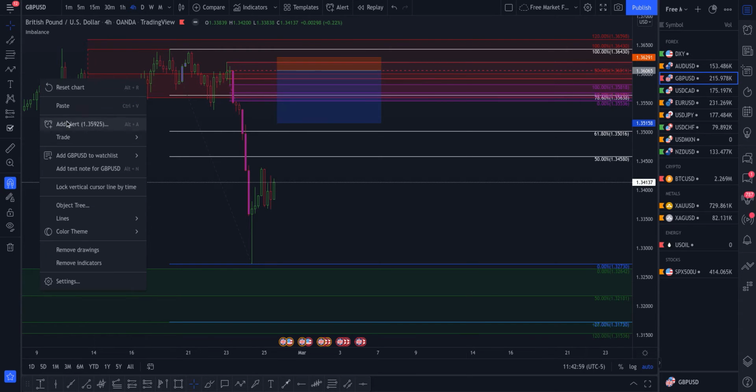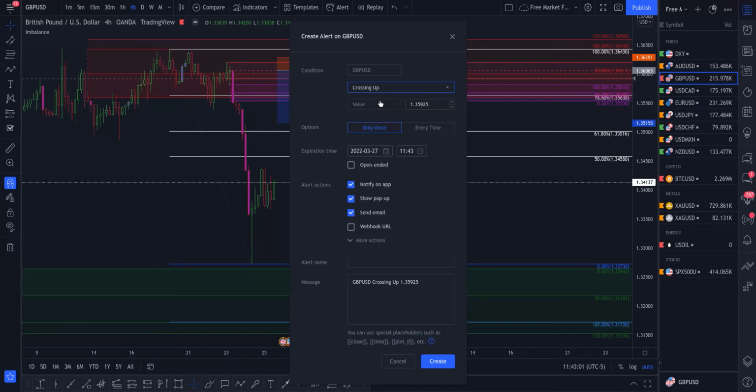And again, we could right click, add an alert. I want to catch it crossing up every time, and I actually need to separate. So let's go 4 hour free market analysis. That's just too much. I'll just do 4 hour supply zone. All right, we'll just do it like that.